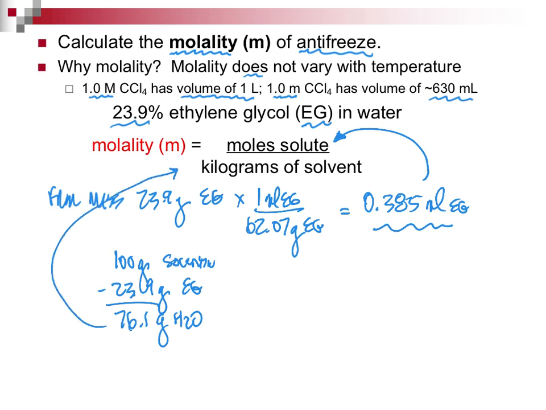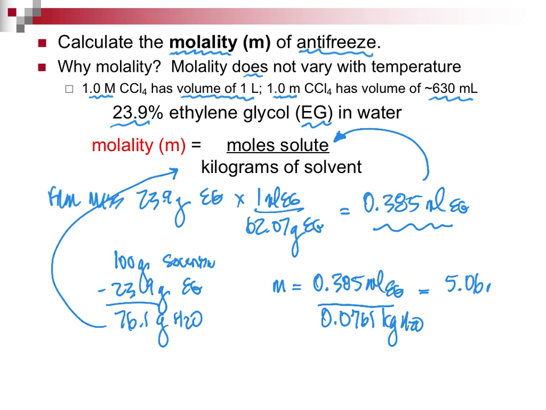I don't have the units for solvent proper, but I'll write it this way. My molality will be 0.385 moles of ethylene glycol divided by 0.0761 kilograms of water. When I crunch those numbers through, I come up with 5.06 molal.